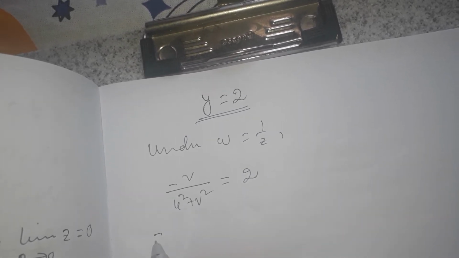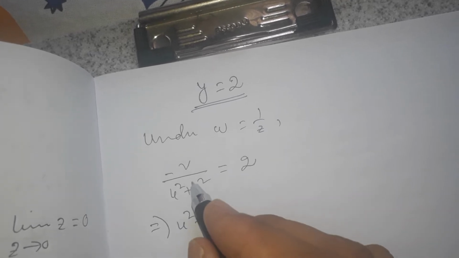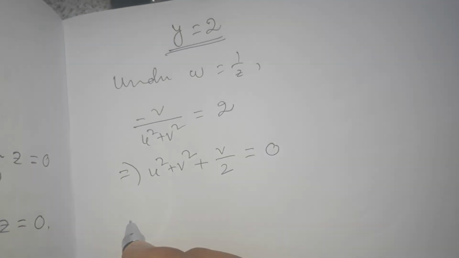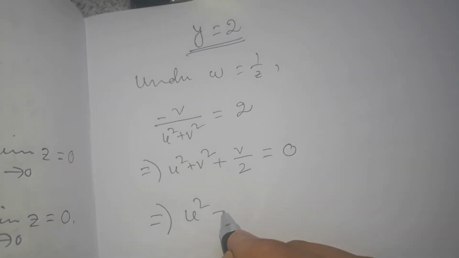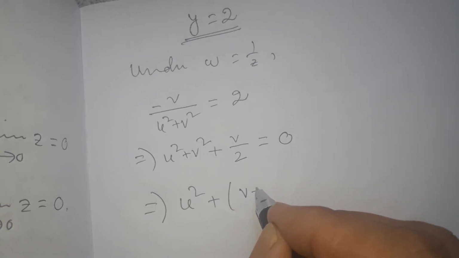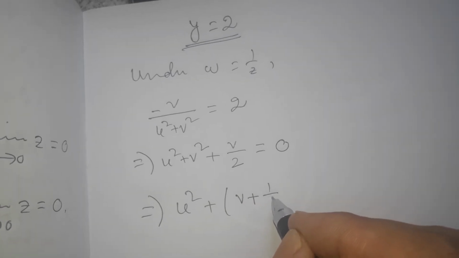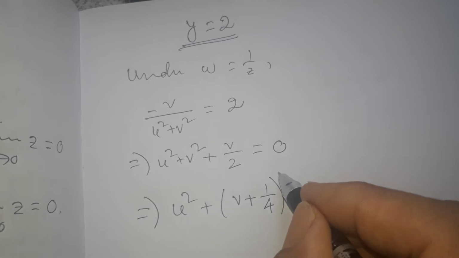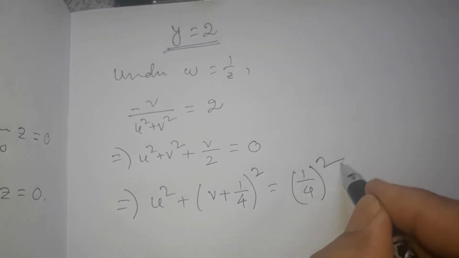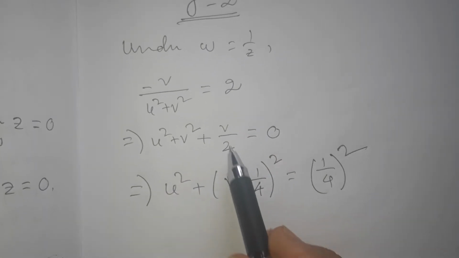That implies u square plus v square, dividing by 2, plus v by 2 equals 0. If I complete the squares, then this is nothing but u square plus (v plus 1 by 4) squared, equal to (1 by 4) squared, because (1 by 4) squared is the extra term here.